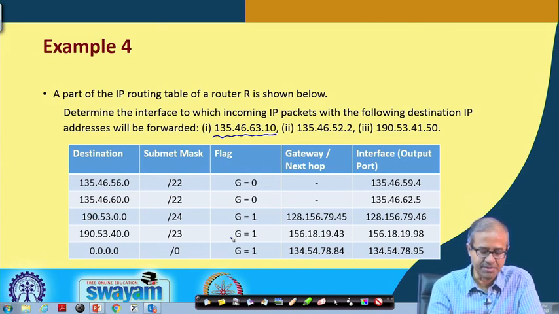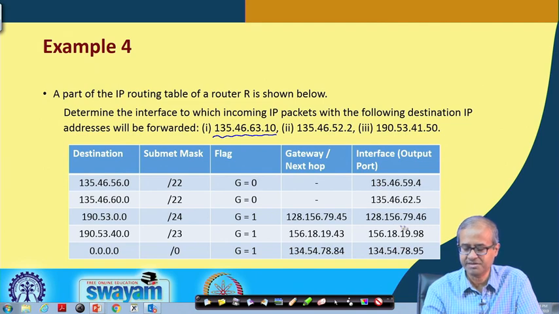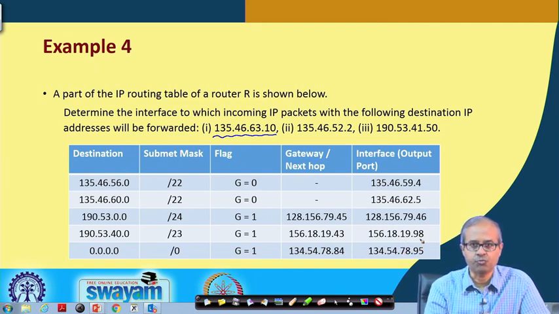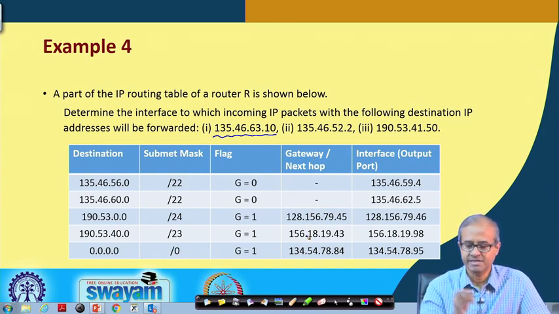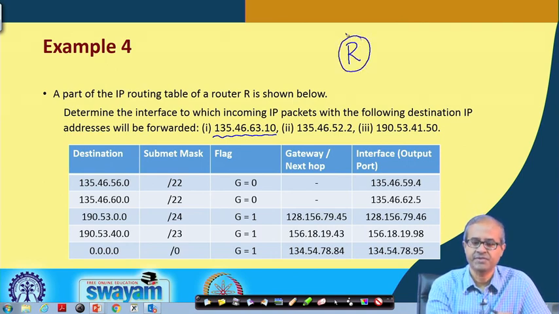The entries, what they mean, destination, subnet mask, you understand, and in the interface column, instead of names like A, B, C, D, E or ETH0, ETH1, some IP addresses are specified. These are the IP addresses of the output ports where the packet will be forwarded. And gateway, next hop, is another column I am just showing here. Suppose I am considering the routing table of this particular router.